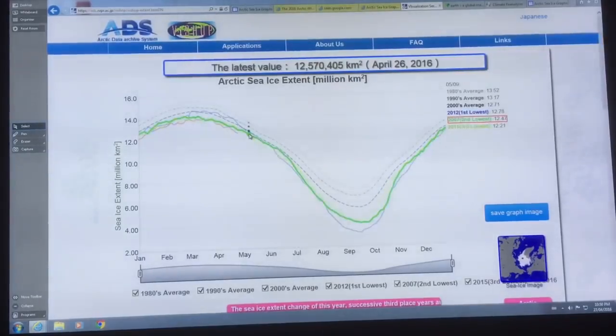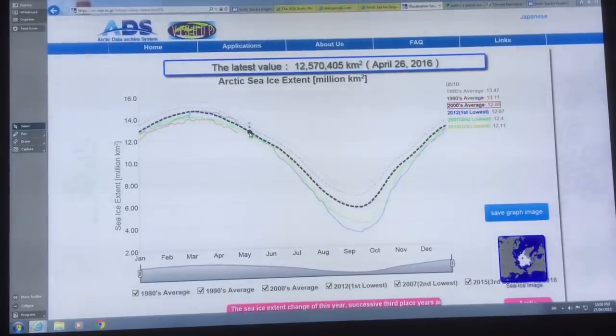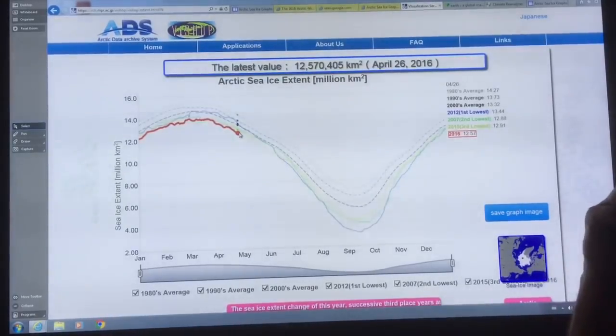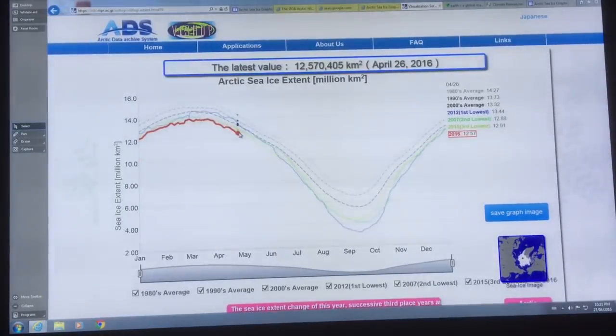And if we compare it to other years like 2007, we're even further ahead. We're way ahead on the averages. So what's happening is, one of these years, depending on the conditions, this is going to head to essentially zero, which is what I'm calling the blue ocean event.